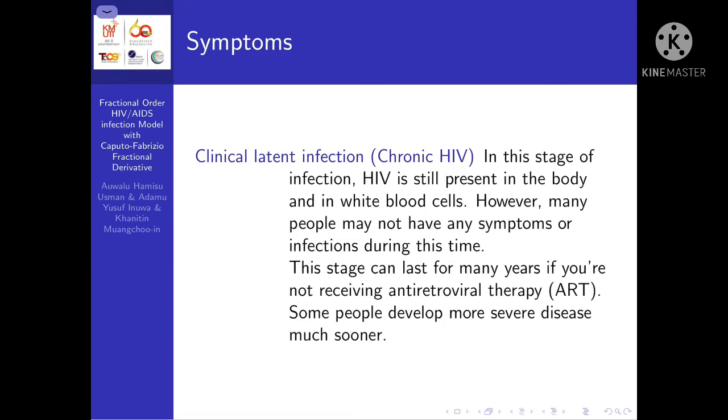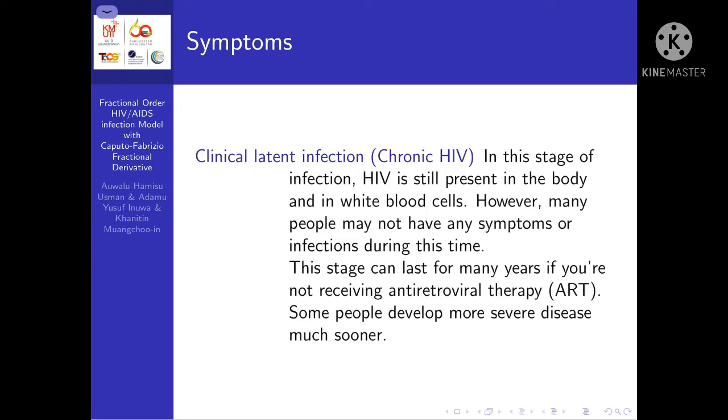The clinical latency stage is chronic HIV infection. In this stage of the infection, HIV is still present in the body and in white blood cells. However, many people may not have any symptoms of the infection during this time.